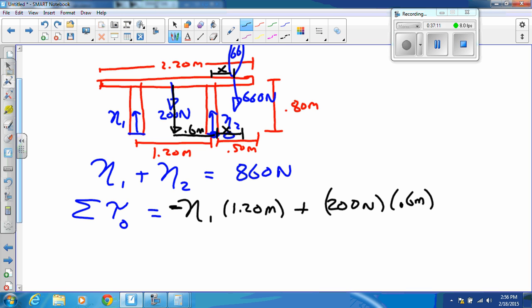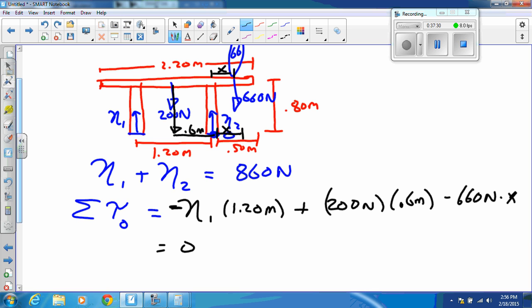Well, it's already the perpendicular distance, so we've taken care of it. Then finally, we have a clockwise torque of minus 660 newtons times an unknown distance x. And all of that has to equal 0.